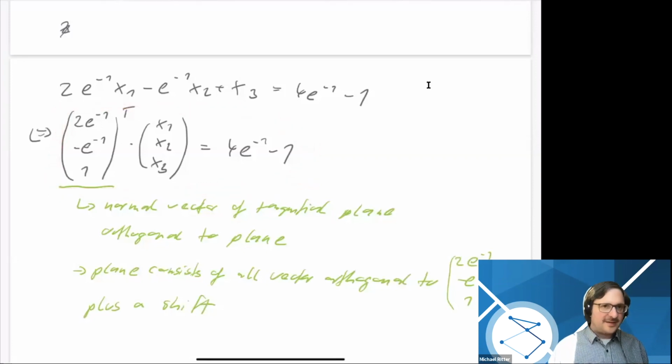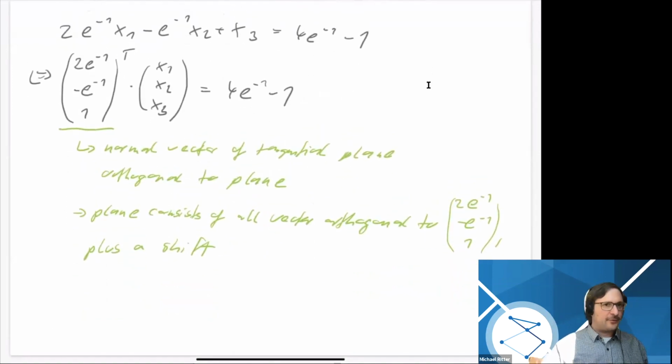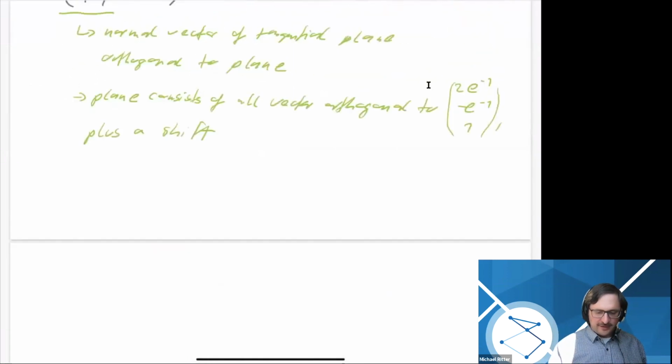What that equation says is that it's all vectors where this scalar product is 0, so they are orthogonal, plus a shift to get to this coordinate. For the orthogonality, you usually place the plane such that it contains the origin, and then you can use the definition that scalar product equals 0 means the vectors are orthogonal. Then you shift it such that the outcome is not 0 but a constant away from 0. That just means you shift the plane such that it doesn't contain the origin anymore. If you need to brush up on that, have a look at what you did in Mathematics 1. That was a brief part on that as well.